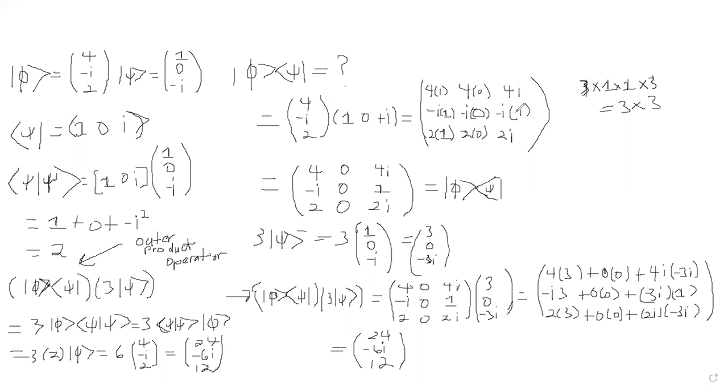You do the same thing in the second row and the third row. So when I do the calculation, I get 4, 0, 4i, minus i, 0, 1, 2, 0, 2i. This is your outer product operator. That's what it is.